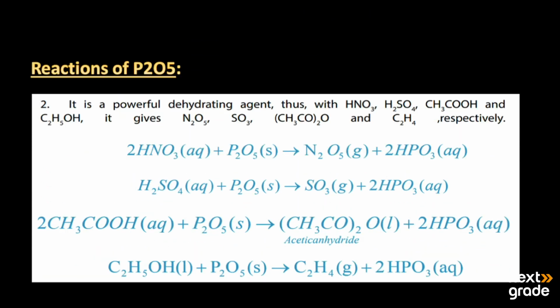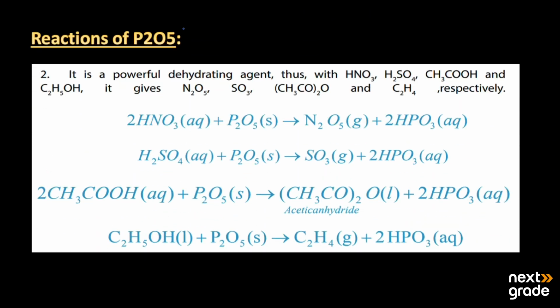After this, we have the reaction of phosphorus pentoxide with different dehydrating agents. There are many dehydrating agents like HNO3, H2SO4, acetic acid, and C2H5OH. They give their respective products: here we have nitrogen products, sulfur trioxide, and with ethanol, C2H4, a hydrocarbon.